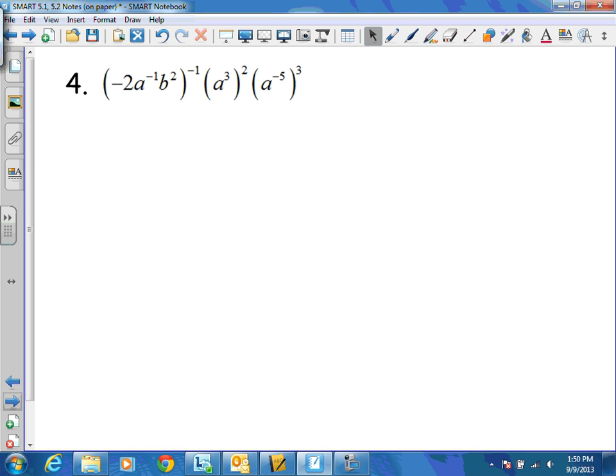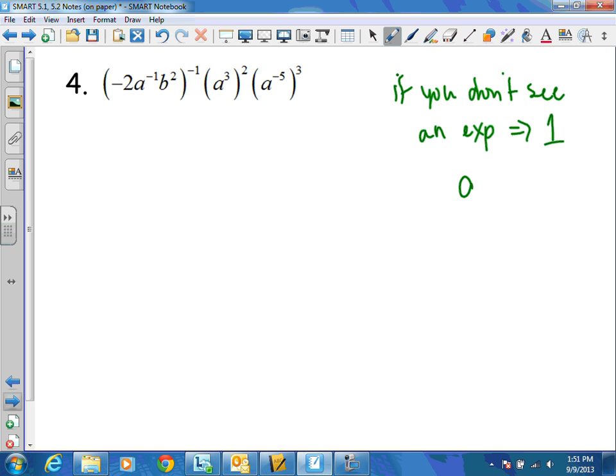All right. Here you go. If you don't see an exponent, what is it? I heard it. Good. So like if all I had was AB to the 4th, what's actually the exponent with A? 1.